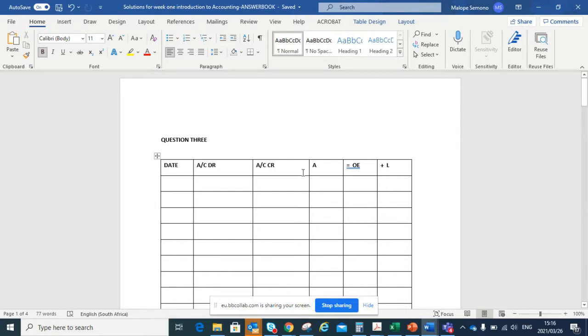So I'm going to give you a few seconds to draw this table. Just have this table so that by the time I record, you record with me. I'm going to give you 30 seconds.